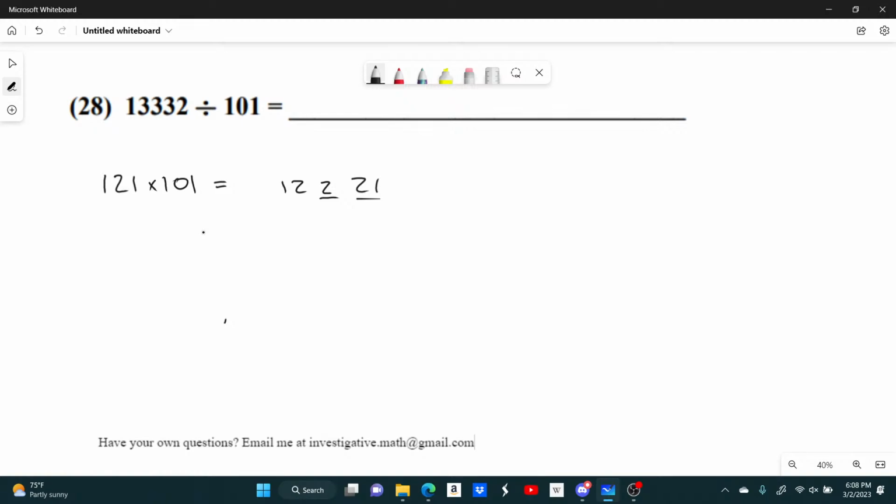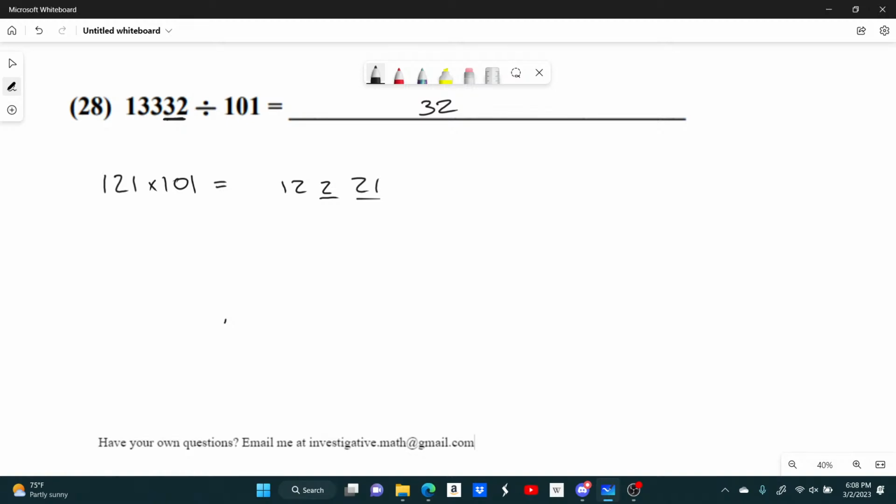13,332 divided by 101. Well, we know whenever we multiply by 101, the first thing we do is just write the last two digits. And so we can already tell that our last two digits are 32, right? And then the last thing we do is just write our hundreds and tens digit, and we get 13.